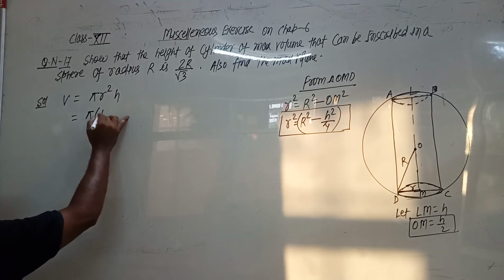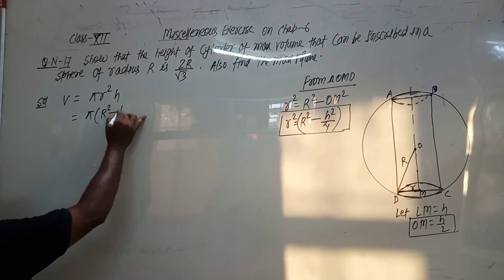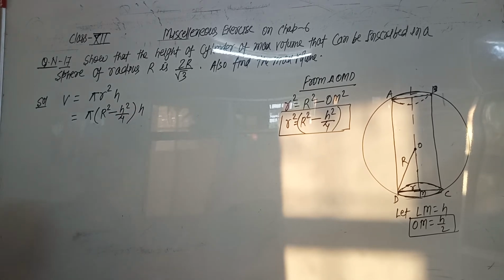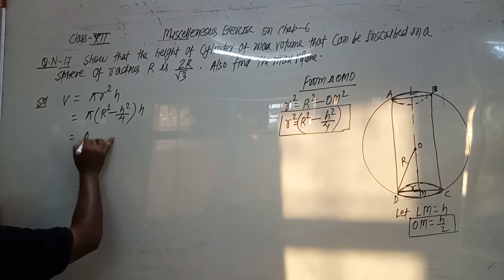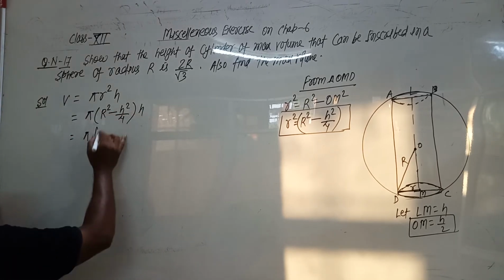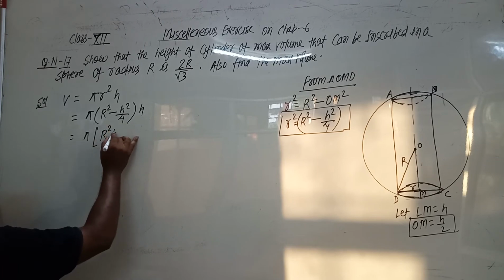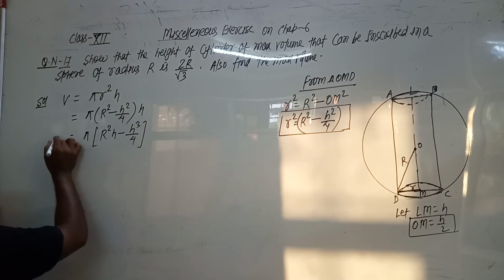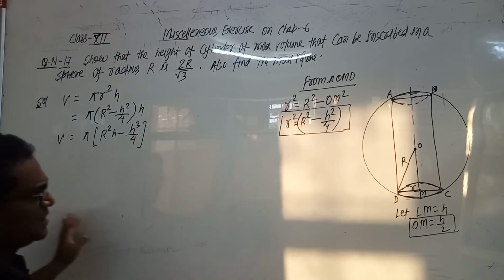So pi into R square minus h square by 4, into h. Remove the bracket by multiplying by h. So pi times R square h minus h cube by 4. This is the expression for volume.